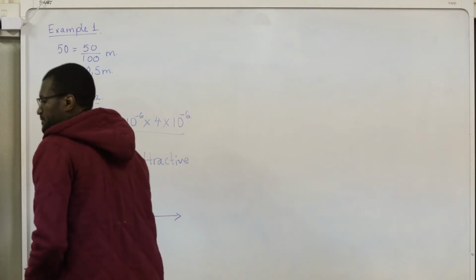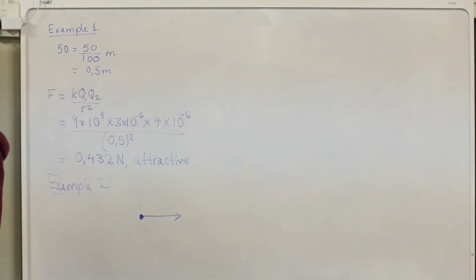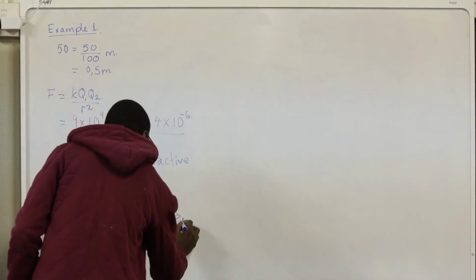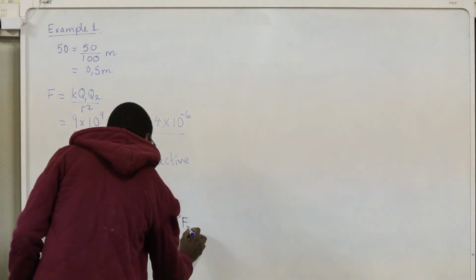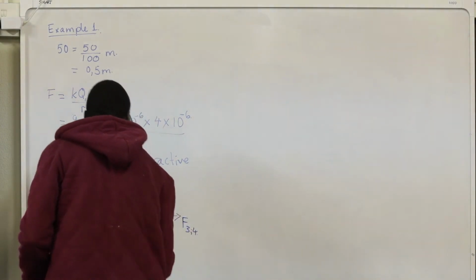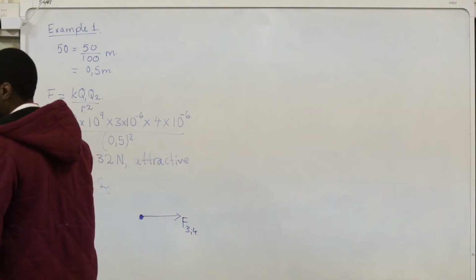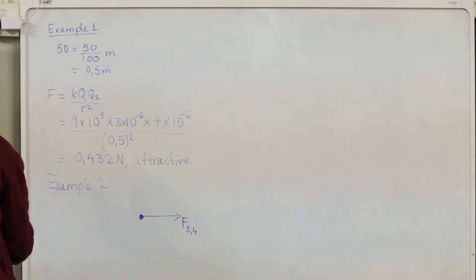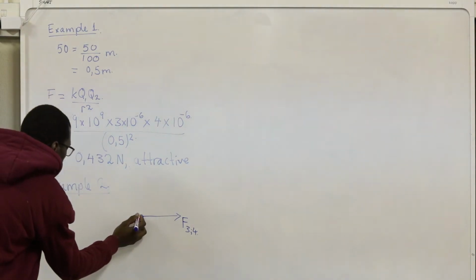Between Q3 and Q4, there is going to be a force. All right, that's a force of 3 on 4. All right, and then we know that Q1 is further away.